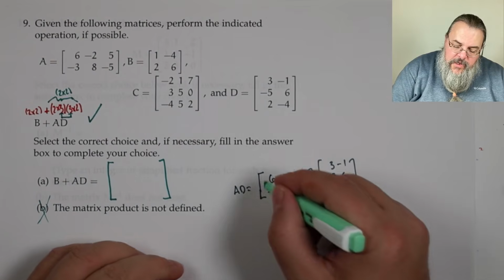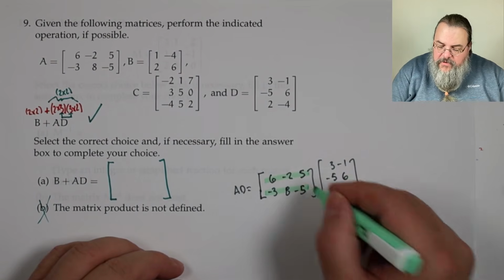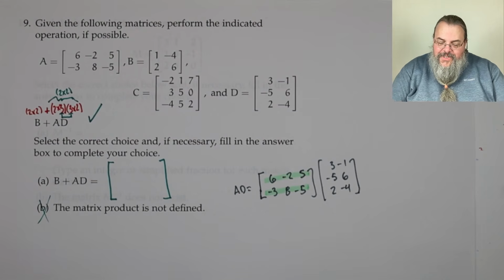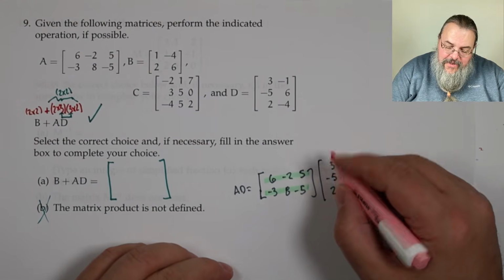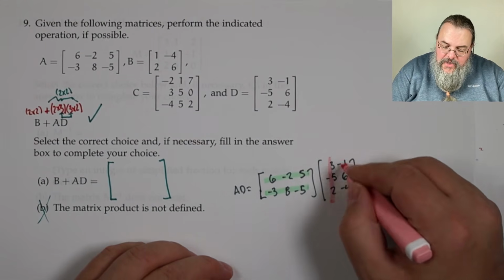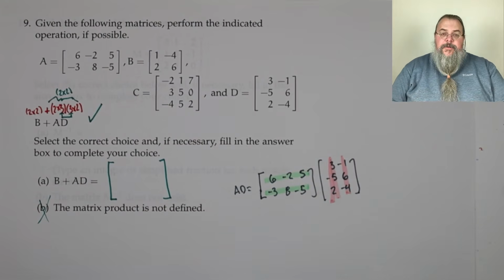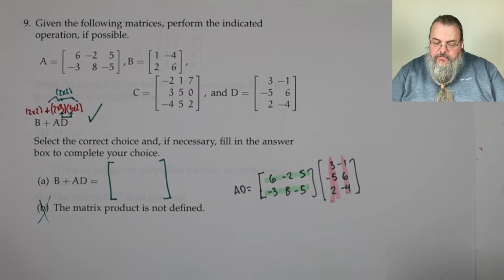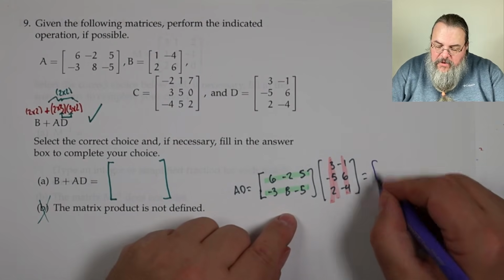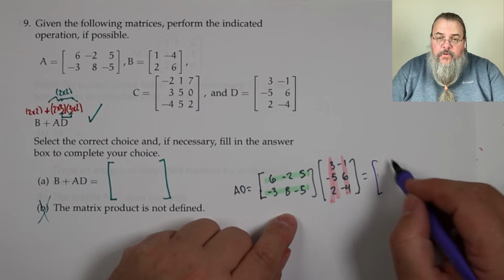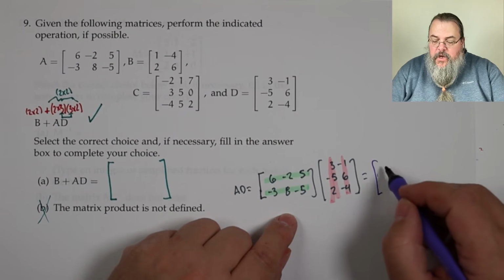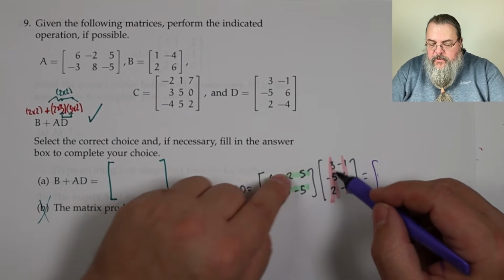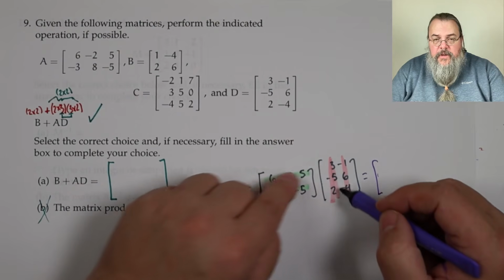Well, we're going to work with the rows of the first, the columns of the second. That's the key. Rows of the first, columns of the second. So we proceed term by term. Here we go. I want the first row, first column. So we're going to work our way across the first row and down the first column.